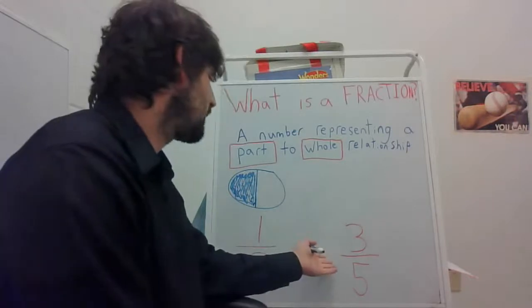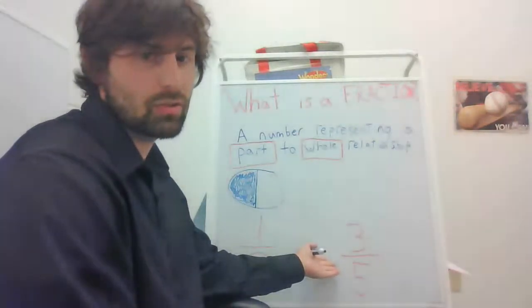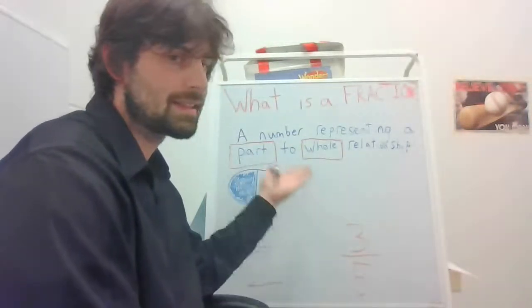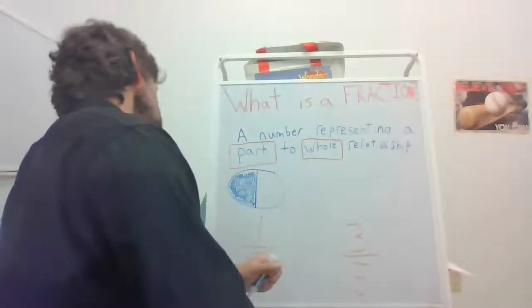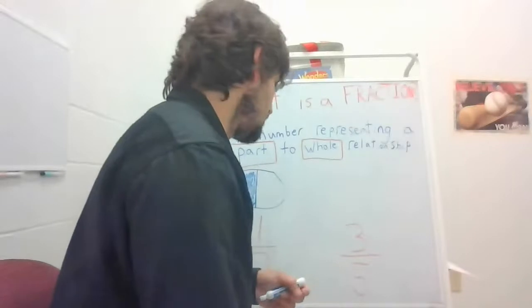All right, so now the next fraction is 3/5. So it doesn't matter what shape I draw. I can draw a circle, square, but the important thing is whatever shape I draw, it is divided into 5 equal parts. Whatever the denominator, whatever the bottom number is, that's the total amount of parts within the fraction.